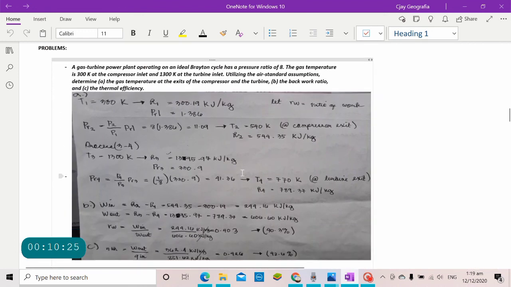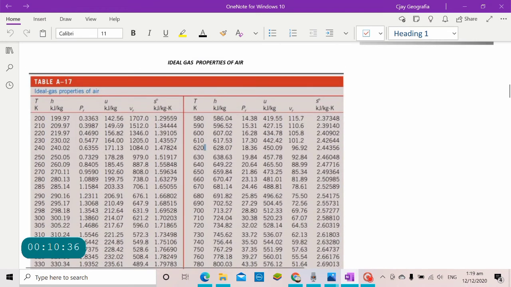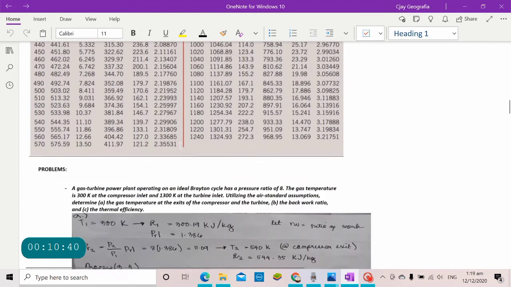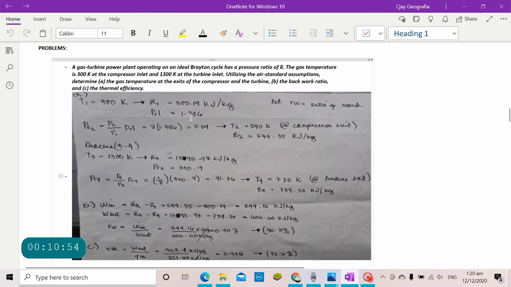We also know that PR1 is 1.386, as stated in the table. So you can solve for the value of PR2. PR2 is equal to P2 over P1 times PR1, which is 8 times 1.386, equal to 11.09.